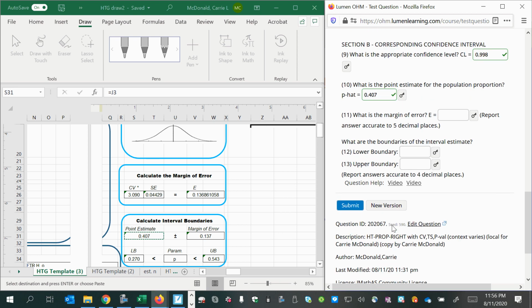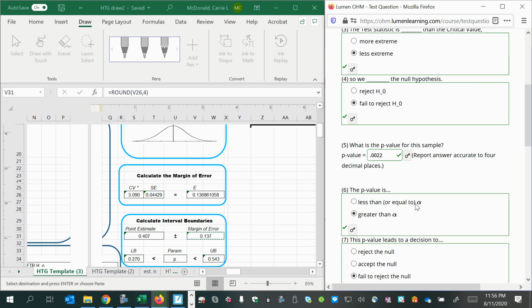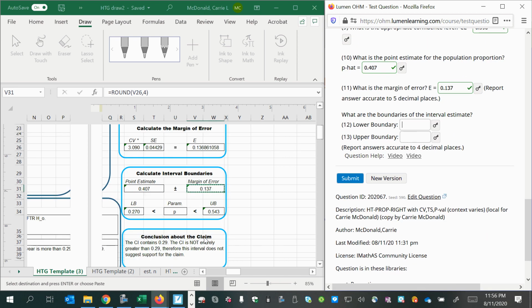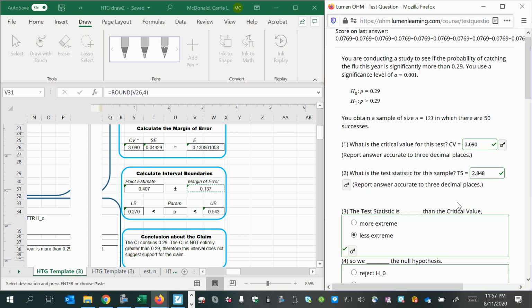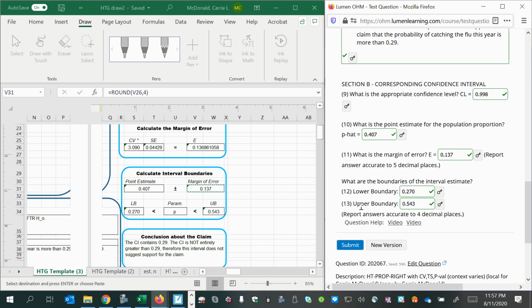Let's see if I'm doing all right so far. Okay, my confidence level was right, my P hat was right. What about my margin of error? Let's go ahead and calculate that. Okay, my lower boundary 0.270, and my upper boundary of 0.543. And it turned out that the confidence interval did not support the claim.